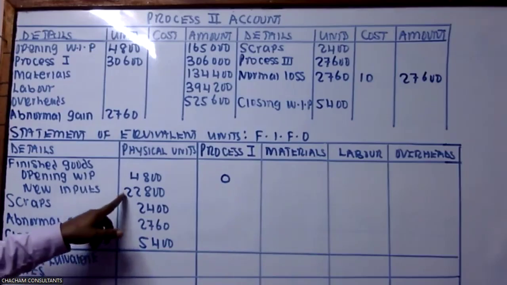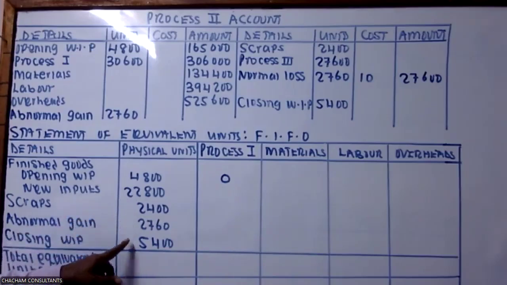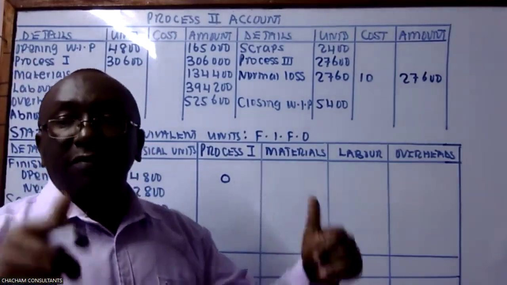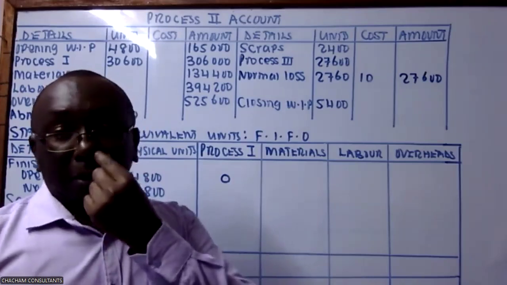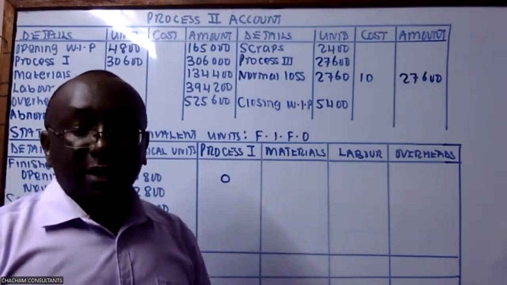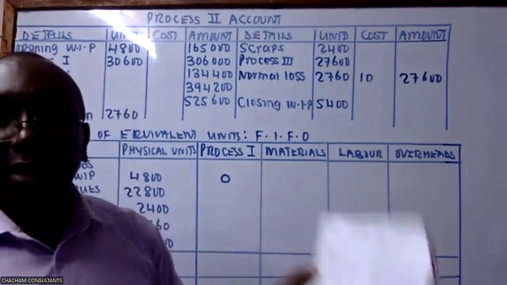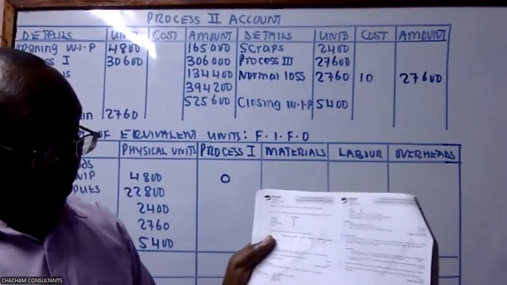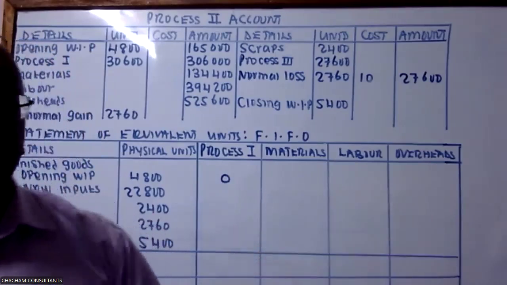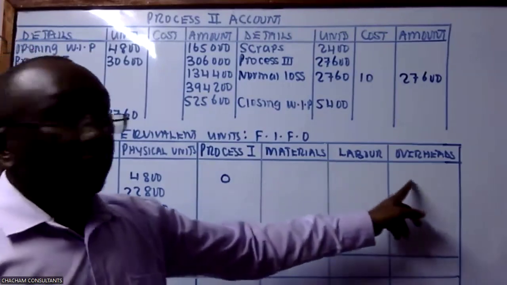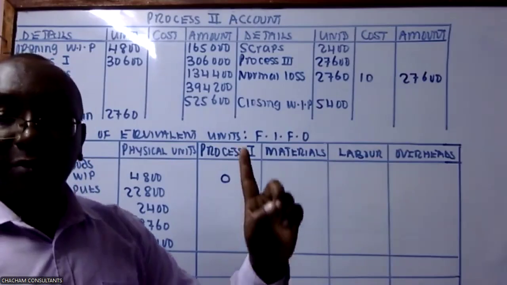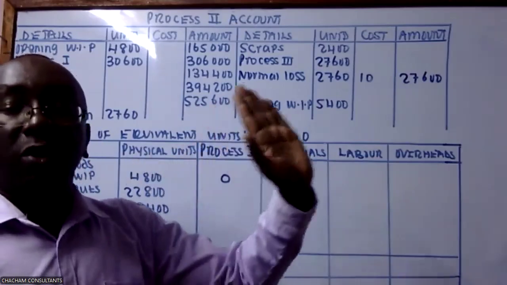But all these others are taken to have come today from the previous process. They are taken to have come today, all of them, 100%. That's why even when the examiner is giving you the percentages, you see he's just giving you 3 percentages, but we have 4 columns. It is expected that you know that whatever came from the previous process came when it was complete.